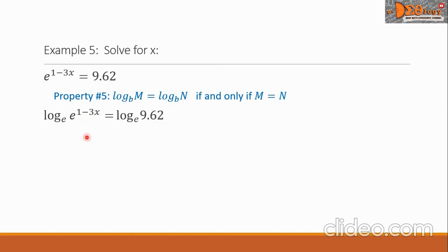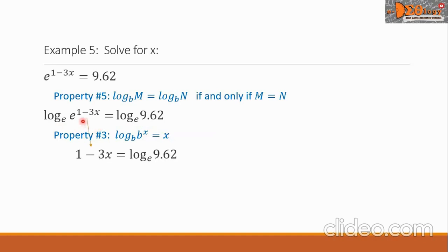We put e as the base for the log because we want to use property number 3 that says the log of b raised to x to base b can be simplified into x, and this x is simply the exponent of the b. It means we can simplify the left hand side.